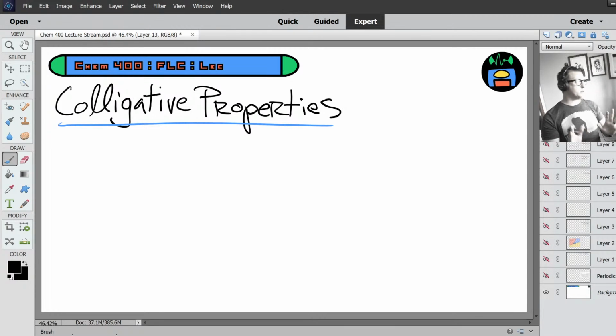A colligative property is a property of a solution that changes depending upon the number of particles present.